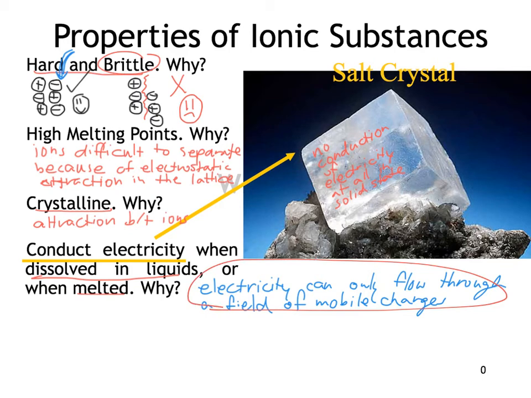And this criterion is met if the ions are not in their crystalline structure, but instead have been melted or dissolved, just like it says in the bullet to the left. So both melted and dissolved, what you're doing is you're freeing up the ions, and those free ions are able to conduct electricity.